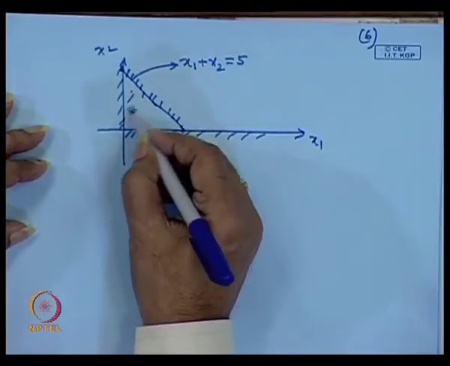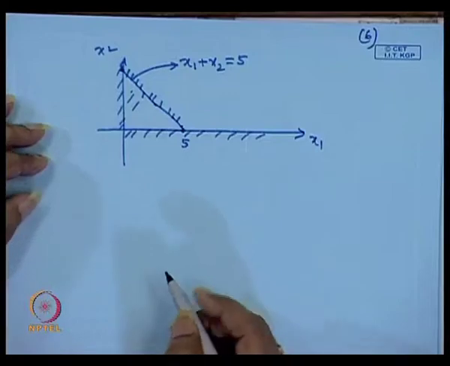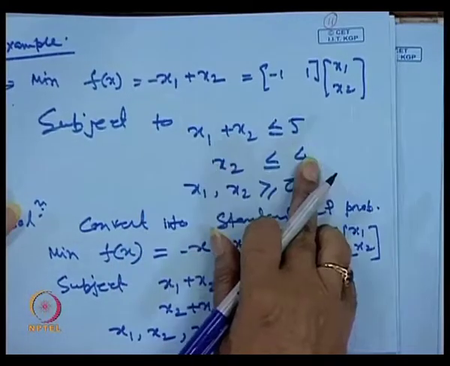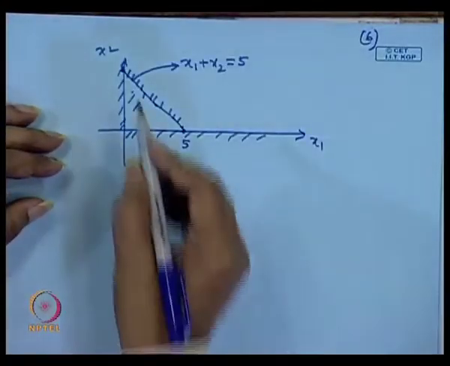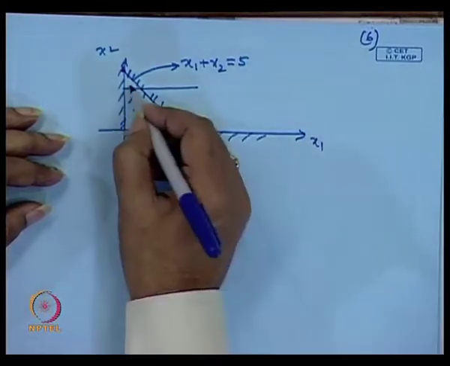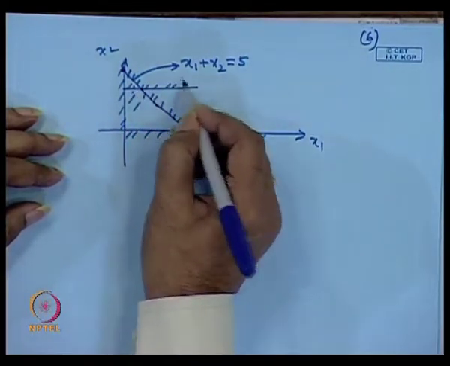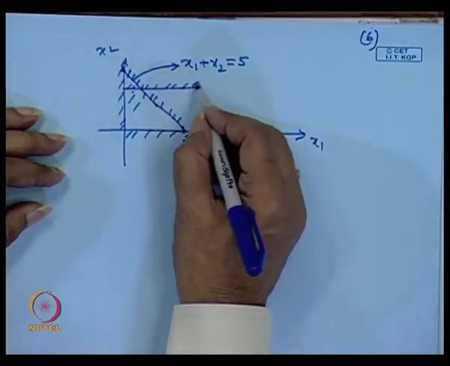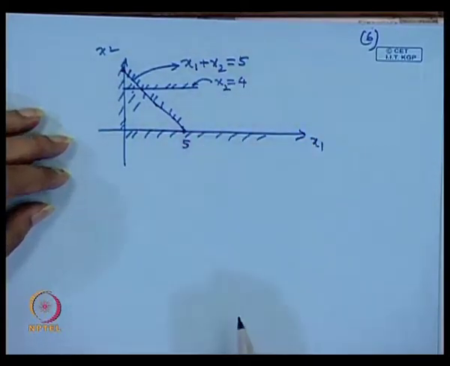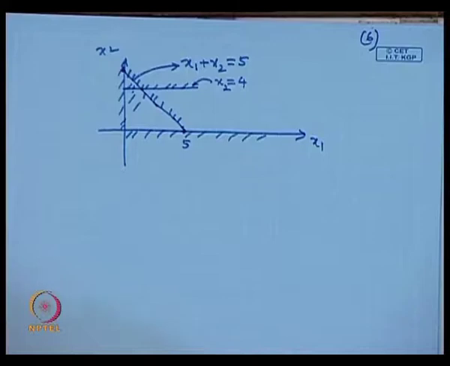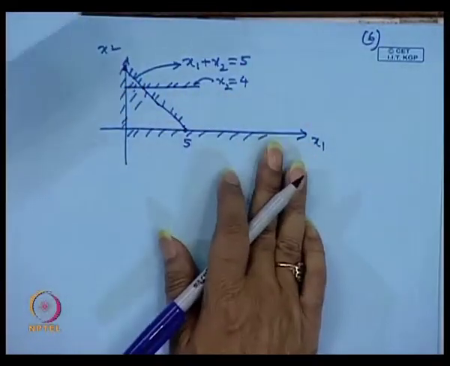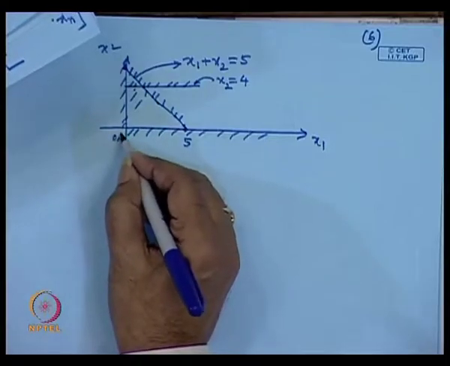The next constraint is x 2 less than or equal to 4, so that region is bounded by x 2 equal to 4. So we have represented all constraints here. Agree? This is the origin 0 0.